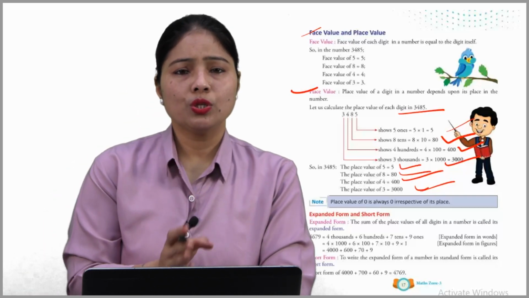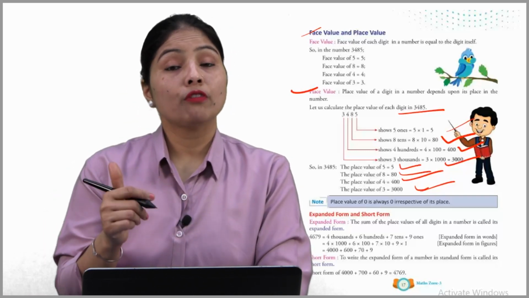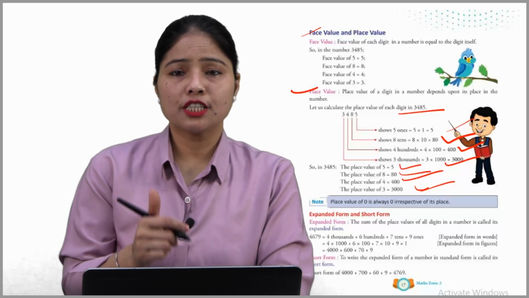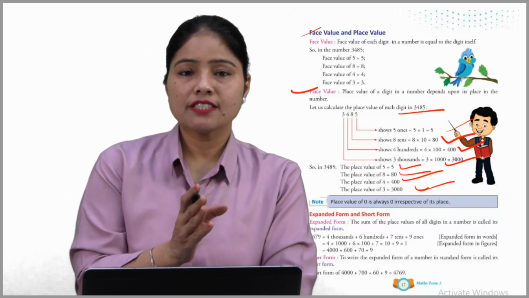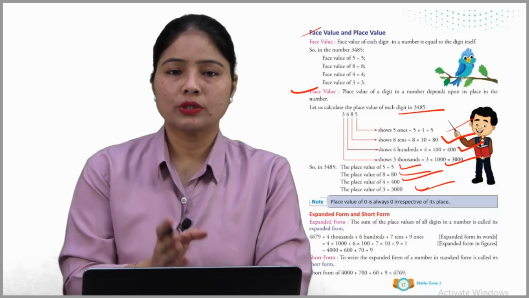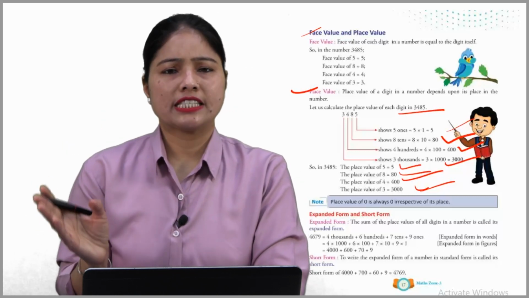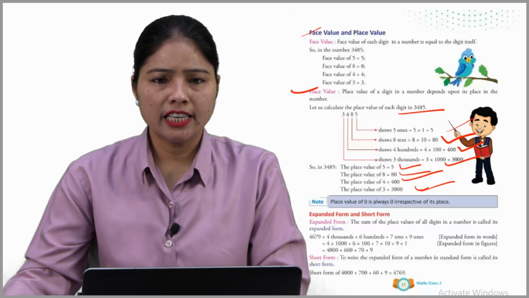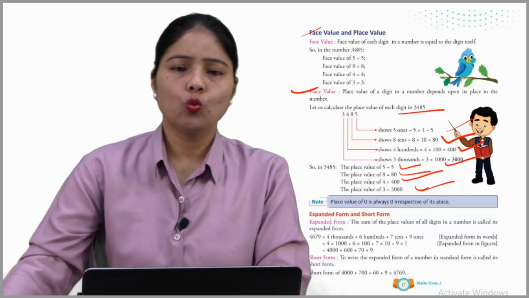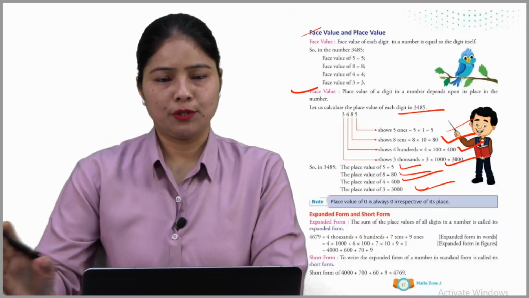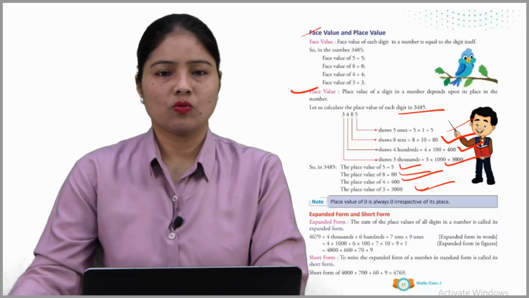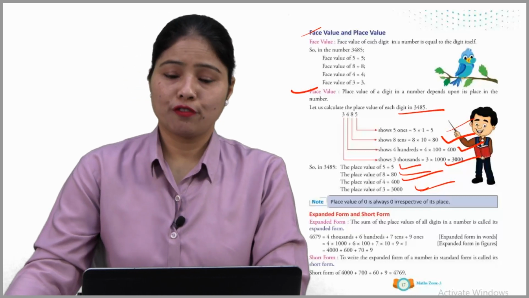Okay, so note, place value of 0 is always 0 irrespective of its place. If any digit is 0, then place value remains 0 itself. Okay, so this is very easy. We just got to know what is place value and face value. Okay, now move on to next one. Expanded form and short form.